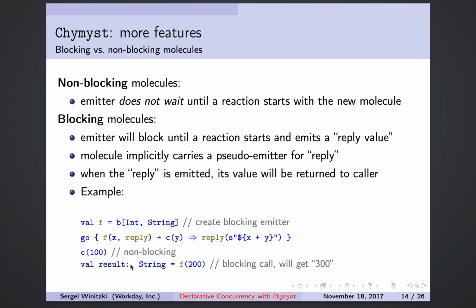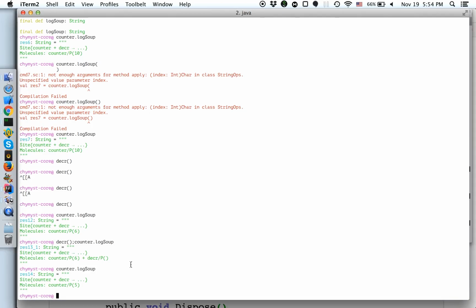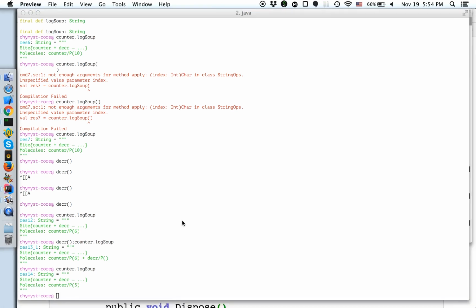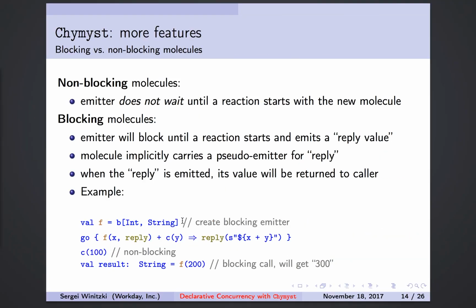Before I show you more working code, we need to learn about another feature of Chymyst, which is called blocking molecules. The molecules we have seen until now, these ones, are non-blocking. There are also molecules called blocking.